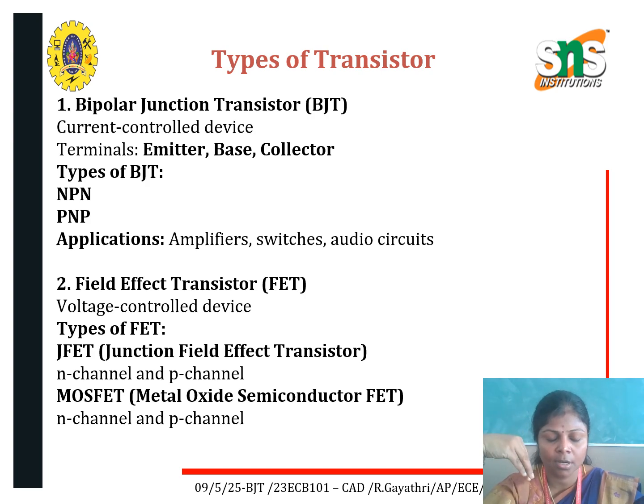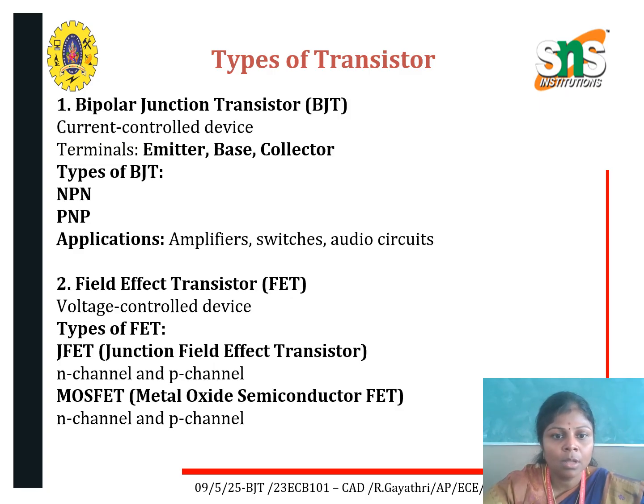In the field effect transistor, we describe two types, which are junction field effect transistor and metal oxide semiconductor field effect transistor. The BJT has three terminals, base, emitter and collector, and in each terminal the current flows through the device, so it is called a current controlled device.